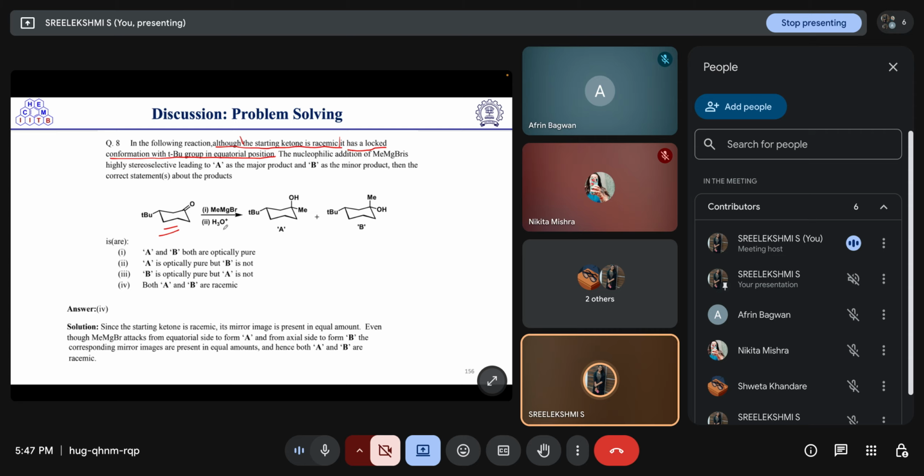Here we are only using methyl magnesium bromide and then hydrolysis. So whenever we start with a racemic compound, all the products formed will be racemic, with the opposite enantiomer also present in equal amount. So the correct answer is both A and B are racemic.